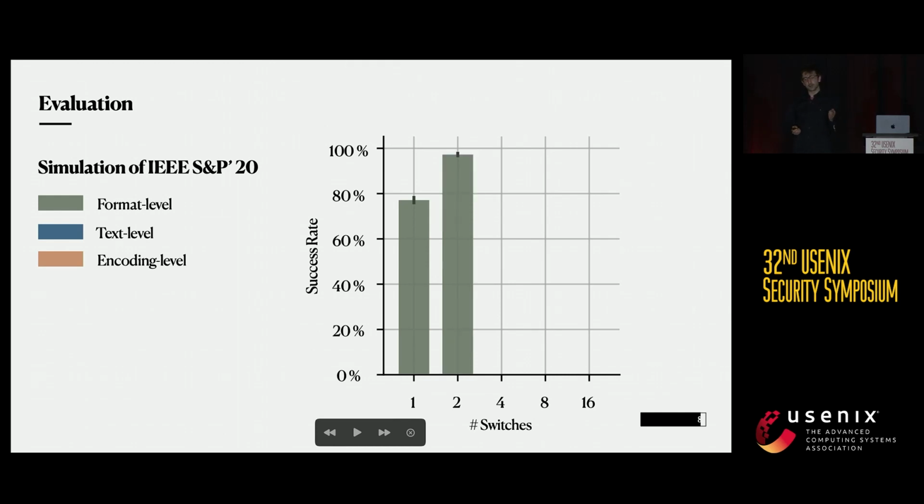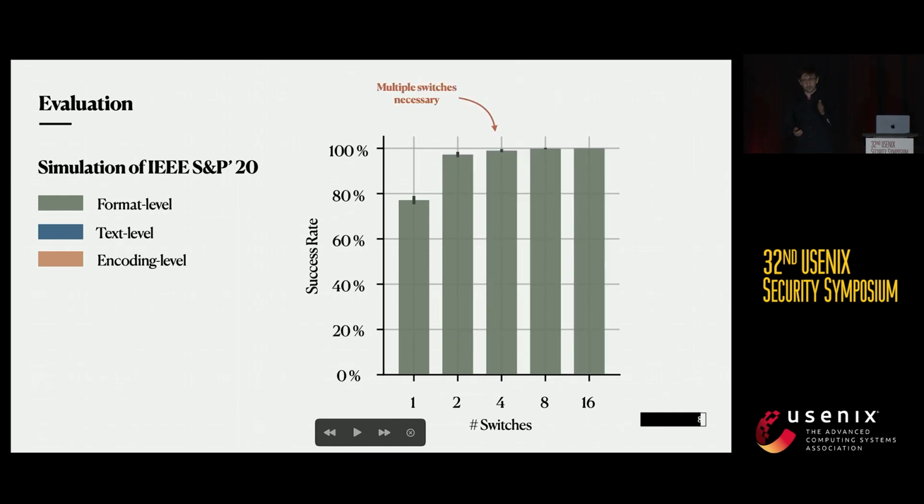With more switches, the success rate is increasing, so we really see that our hybrid search strategy is necessary and very beneficial to increase the success rate. Then we looked at whether we can achieve a similar success rate when we just apply, for example, text level transformations.